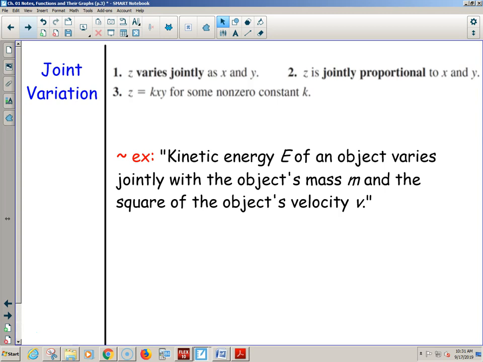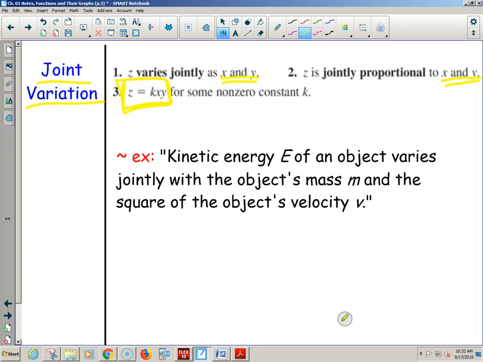If you notice, for this one, they're just using the direct variation model. And I think on ours it's all direct variation. But jointly, the dependent is equal to K times multiple things. Z varies jointly as X and Y. So it's the 2 variables at once, you see it? Jointly is like a direct variation, but with 2 variables at once.